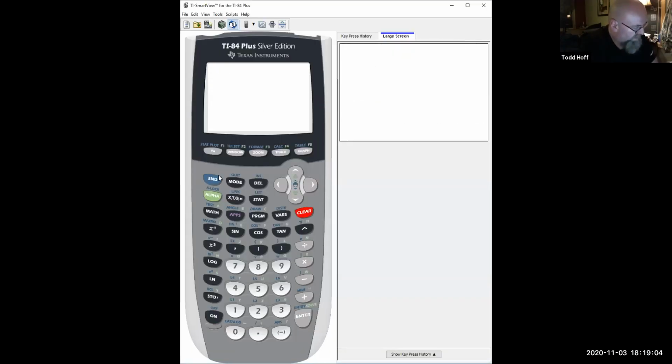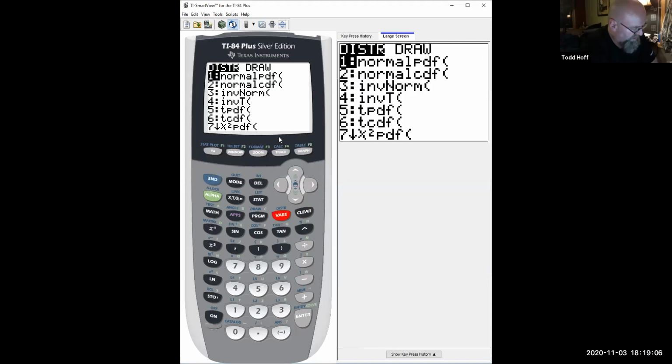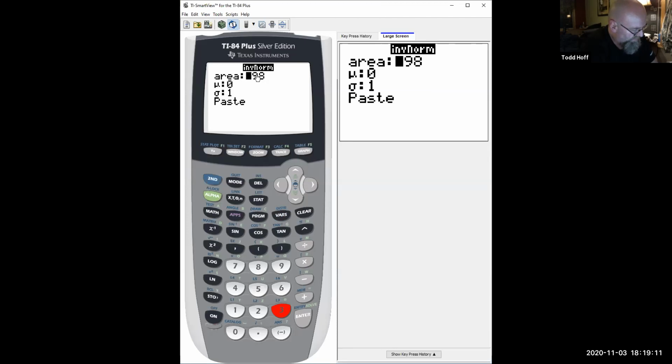There's my calculator. So second distribution, inverse normal. 0.05 is one that we're looking at. This is a standard normal distribution.